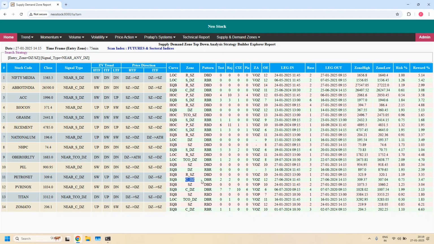Petronet is having a high liquidity zone. PVR INAX is a pierced zone 6 times. Maybe you can look into pierced zone strategy on this stock. And Zomato is a high liquidity zone. So we have identified 6 high liquidity 75 minutes demand zones from this list.